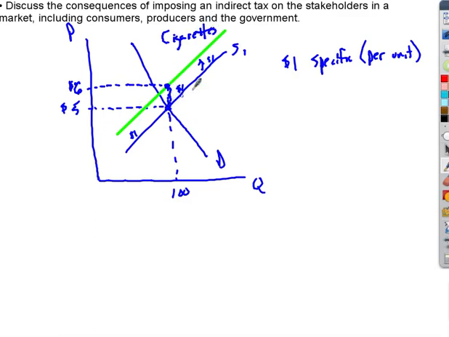And so what you want to do is look at, well, let me back that up. Would the producer, and this is S1 plus the tax, would the producer like to be able to say, okay, the price is $6? And the answer is yes, because that way they would still be receiving $5 in revenue. But what happens is, you can see that as the price rises along this demand curve, the quantity demanded is going to go down.